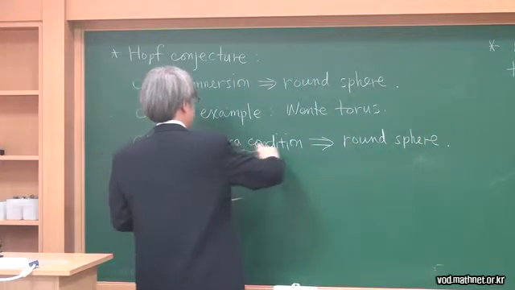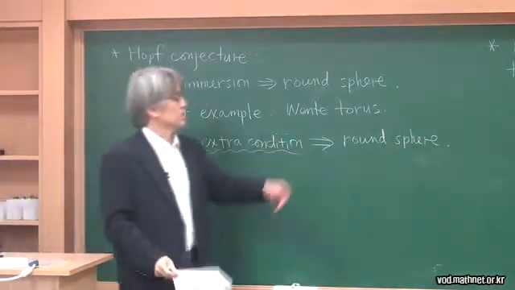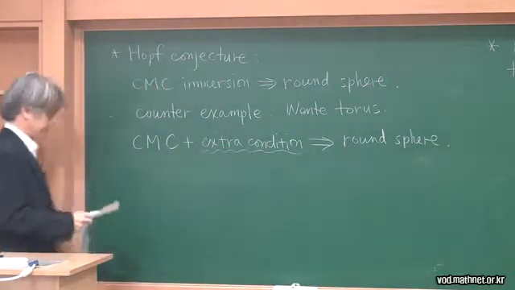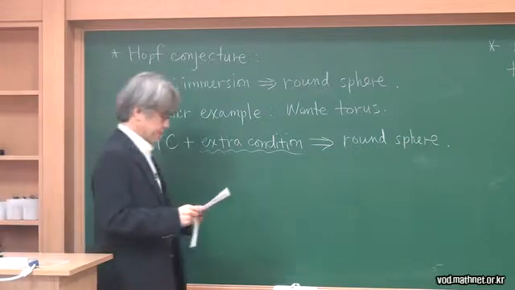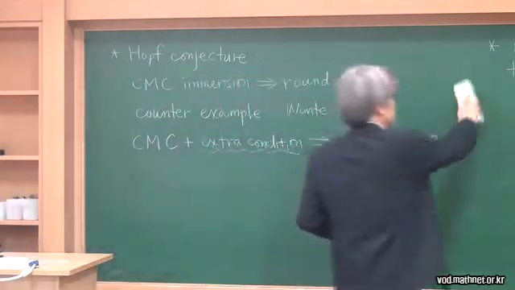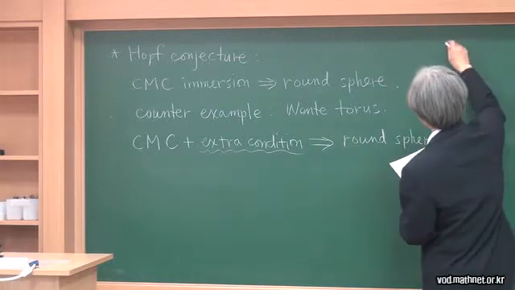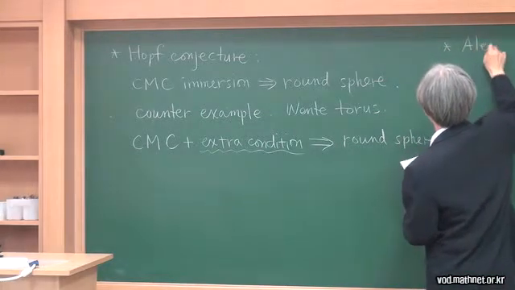What are these extra conditions which make the CMC immersions necessarily round spheres? There are three such extra conditions obtained so far. The first one is obtained by Alexandrov.